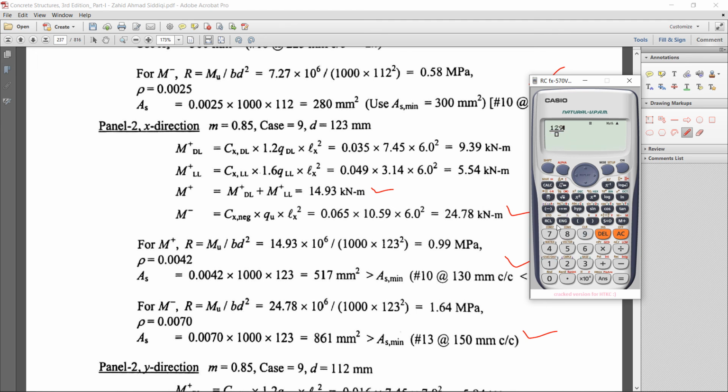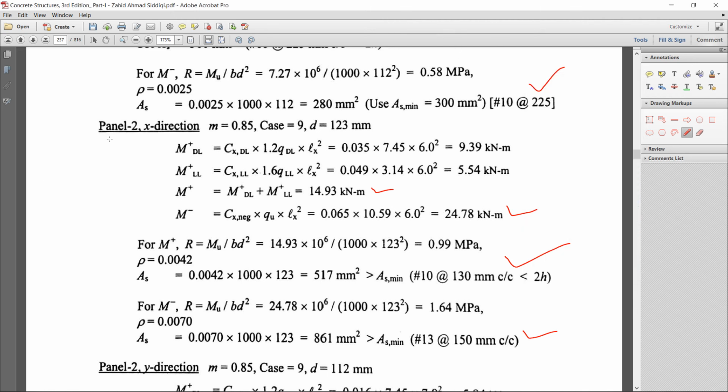So 129 divided by 861 multiply with 1000, answer is coming 149.85, so it is approximated to 150. So that's why number 13 at 150 millimeter center to center is provided.